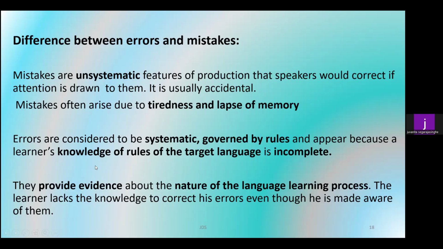Errors are repetitive because the person lacks the needed knowledge related to the rule. Right? So as a result, they can be found being repeated by the learner. But mistakes, they don't get repeated. Once the person is fit enough, he won't make that mistake again. He will be able to overcome it himself.